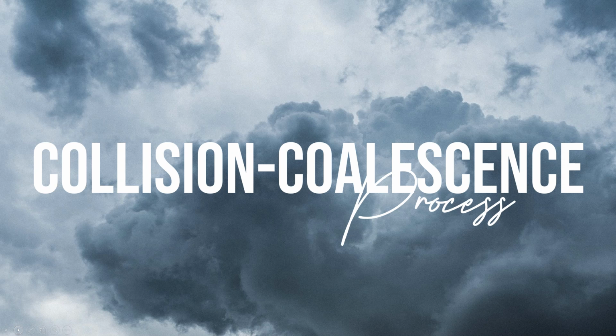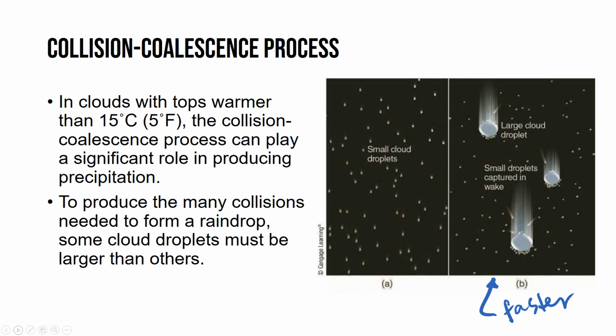Okay, so let's move to the collision-coalescence process. This process is for warm clouds. In clouds with tops warmer than 15 degrees Celsius, the collision-coalescence process can play a significant role in producing precipitation. To produce the many collisions needed to form a raindrop, some cloud droplets must be larger than others.